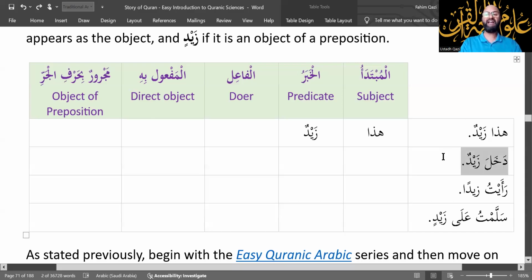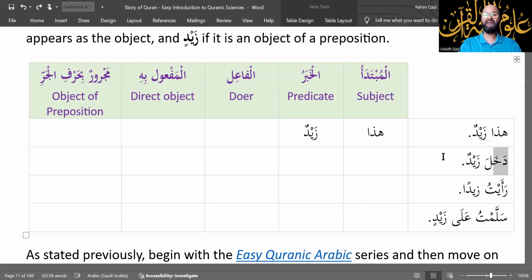Next sentence is dakhala Zaydun. Zayd entered. Dakhala entered, Zaydun. You can see the syntax is verb first, then the doer. Verb, then the doer. And then you can put an object. Here there's no object. Dakhala Zaydun. Zayd entered. There's no object in the sentence.